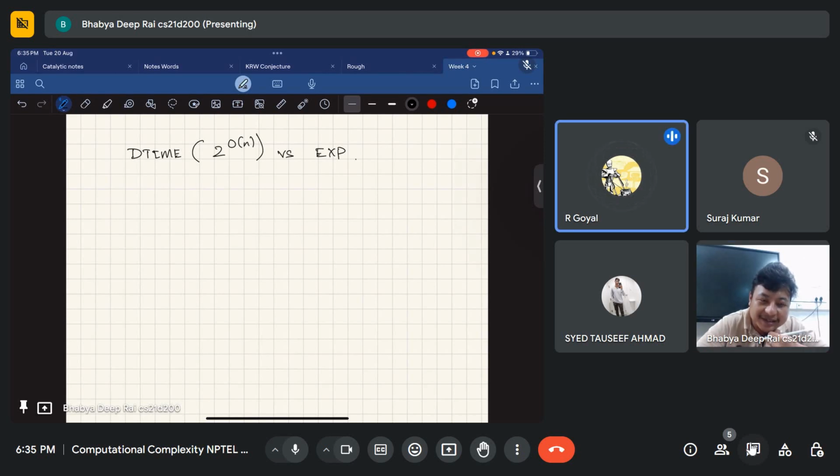Do we have NEXP as well, the non-deterministic equivalent of EXP? No. NEXP is not required here. EXP includes its non-deterministic variant as well.